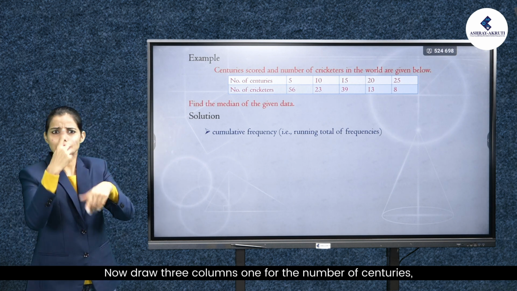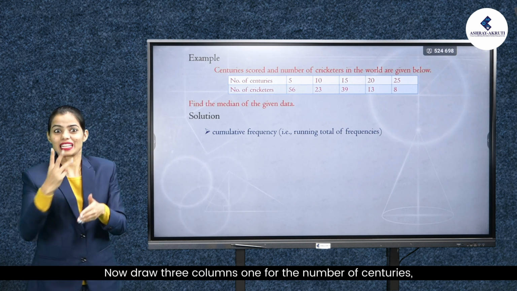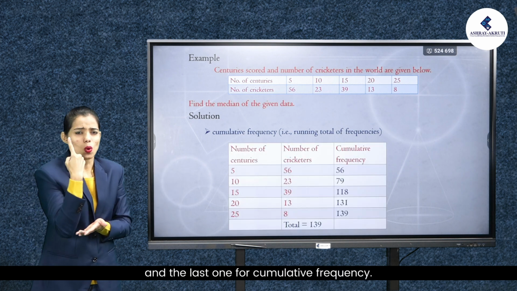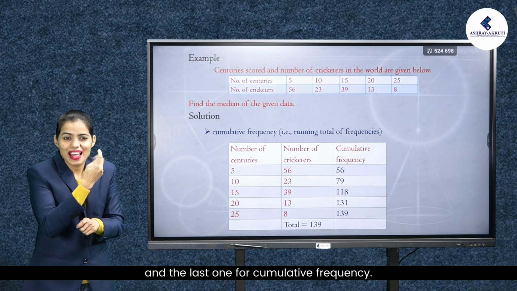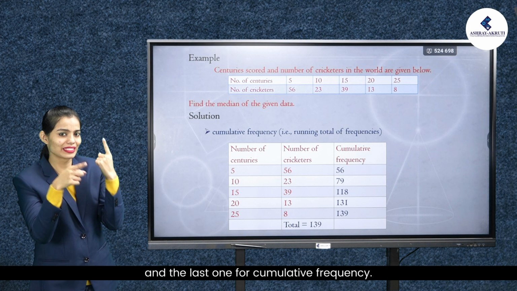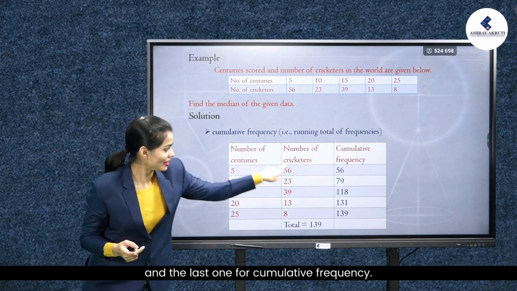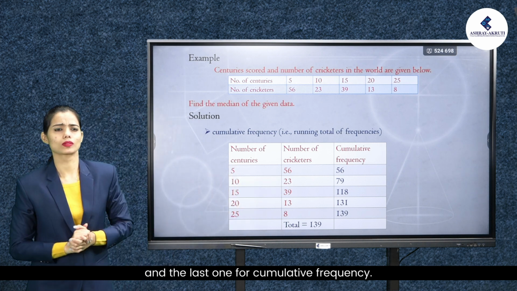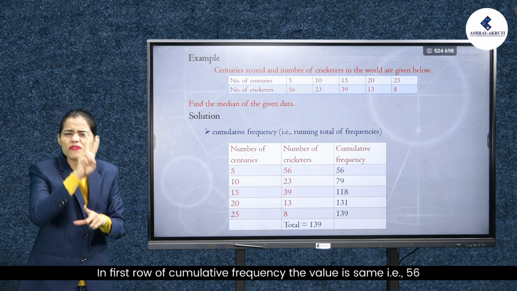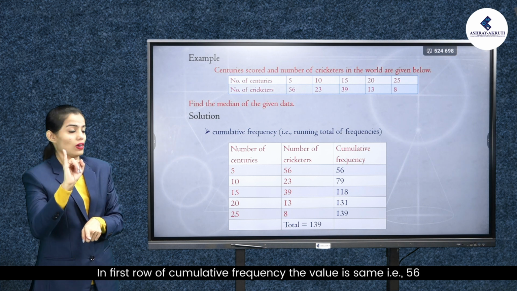Now, draw 3 columns, one for the number of centuries, another one for the number of cricketers and the last one for cumulative frequency. In the first row of cumulative frequency, the value is the same, that is 56.